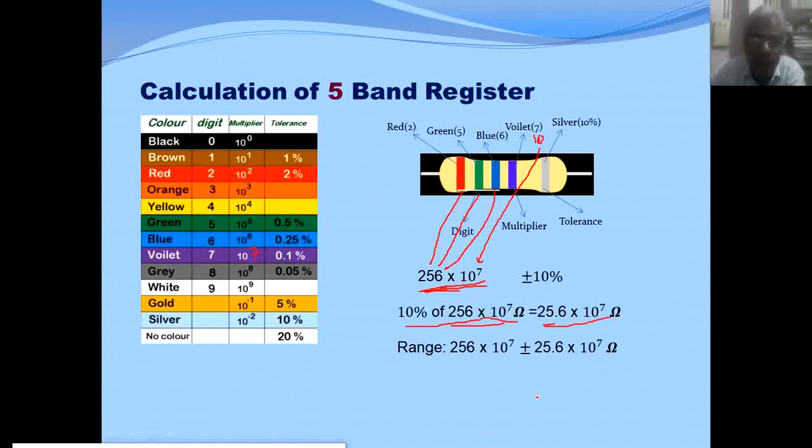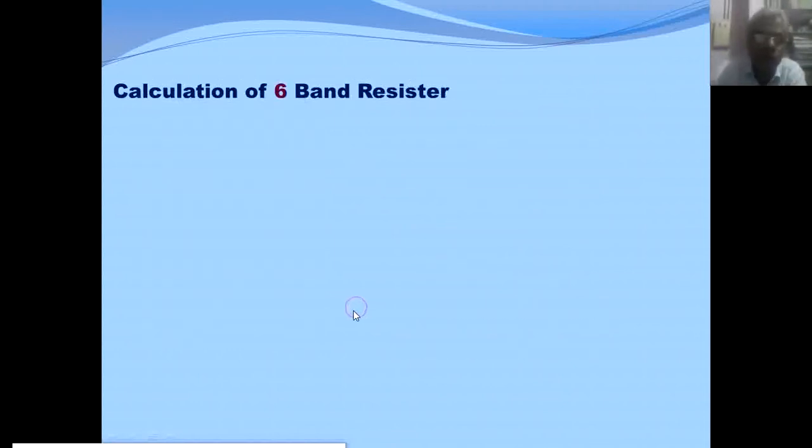In a 4-band resistor we use the first 2 leftmost bands for digits, and in a 5-band we use the first 3 bands for digits, and the other 2 are as in the 4-band. So these are all about the 5-band resistors. Now we move to the calculation of the 6-band resistor.